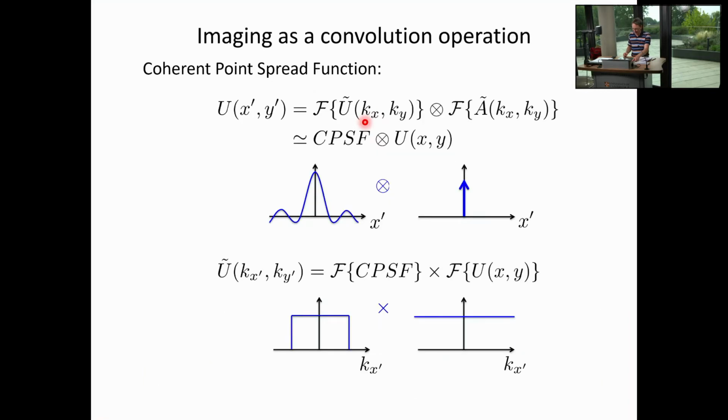Okay, so this slide here summarizes this in a few equations. We have now arrived at what is called the coherent point spread function. The coherent point spread function is related to the field that we have in the image plane from a point emitter. So what is the field distribution that we get in the image plane from a point emitter in the object plane?